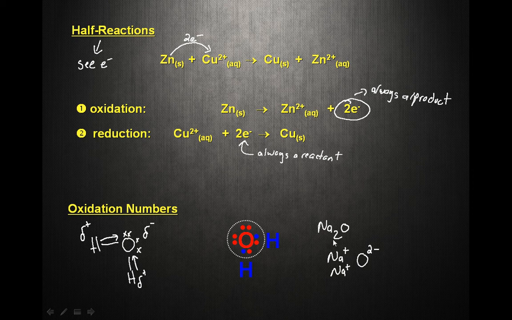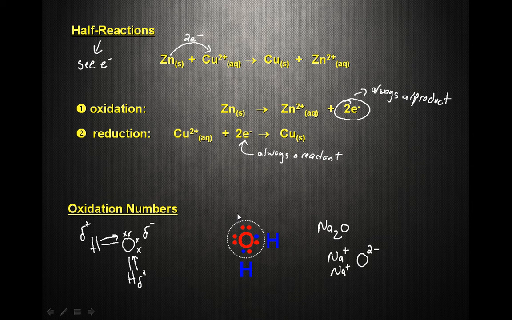So what we're going to do is when we look at water here, we're going to treat it as if it is an ionic compound. So really, these electrons here between the hydrogens and oxygen are being shared. But what we're going to do is say, well, let's assume that oxygen gets them. And it's a really good way of keeping track of electrons in electrochemistry.